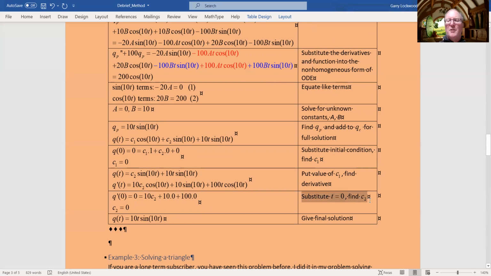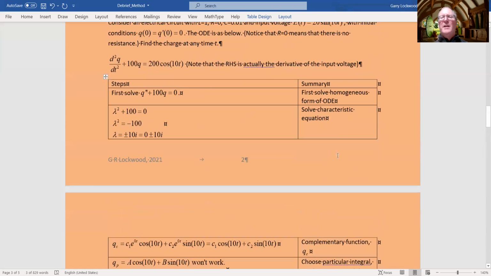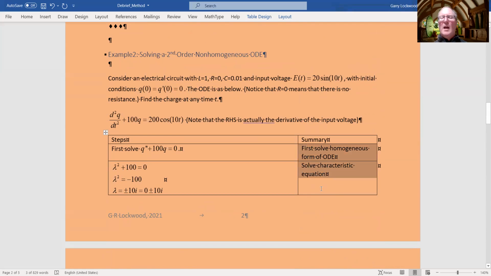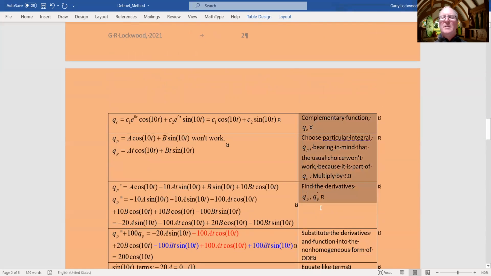So I'm going to substitute t equals 0 and find C2. And now that I have found C1 and C2, I know that my solution is actually this. And so my English language summation is just give the final solution. And I think you'll agree that that is a lot better than trying to memorize all of this stuff.